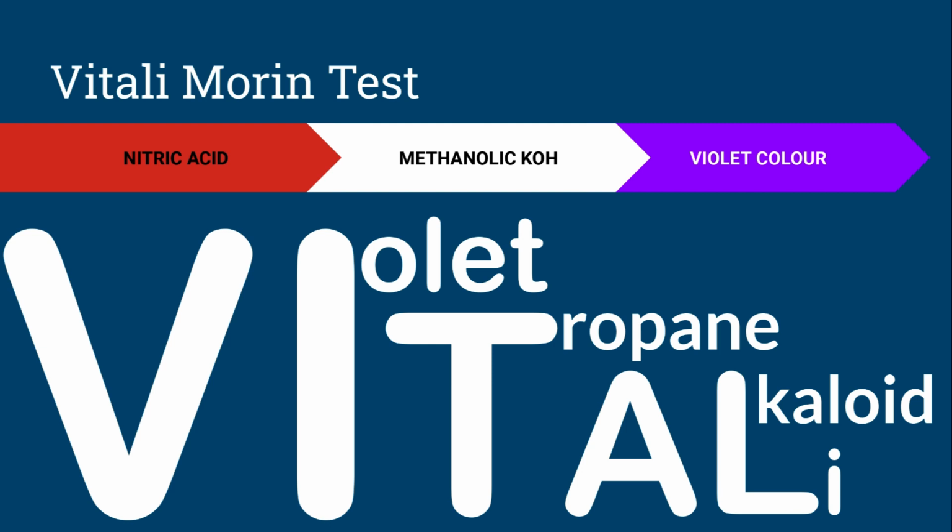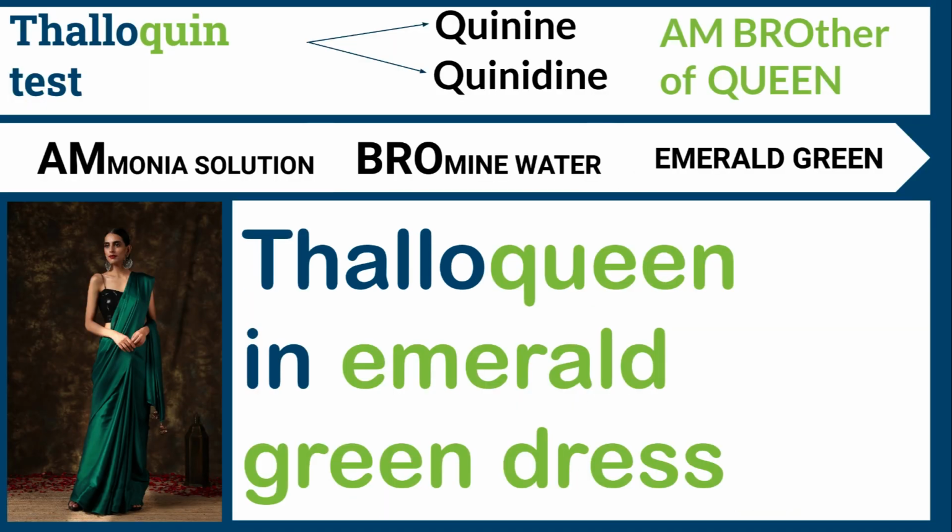M of Morin denotes methanolic KOH and N of Morin denotes nitric acid. From the words vital and Morin, you can remember the specific chemical test, namely the Vitali Morin test.